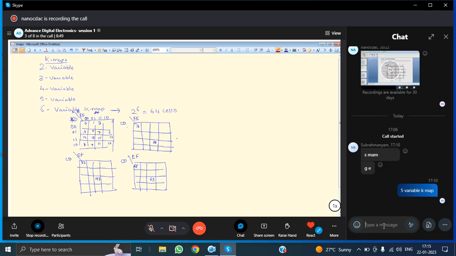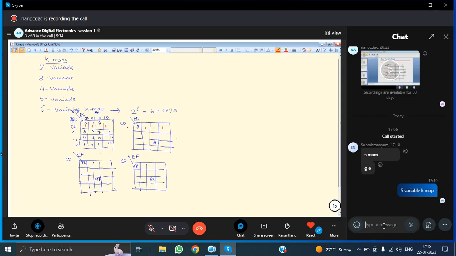Let us suppose I am combining, here I am taking 1, 1, 1, 1, and here also 1, 1, 1, 1.